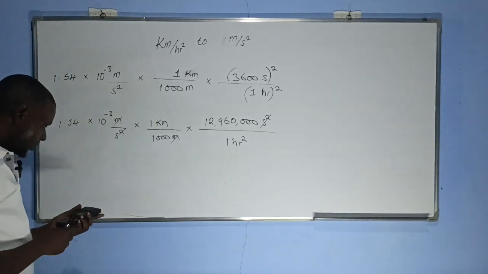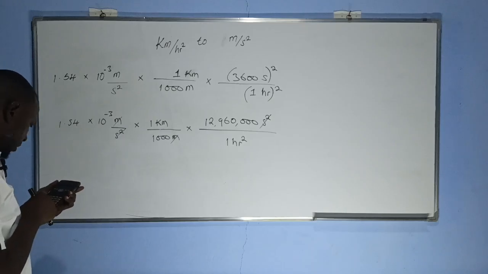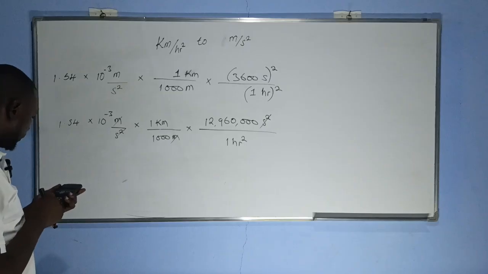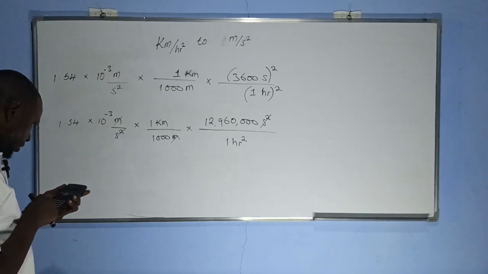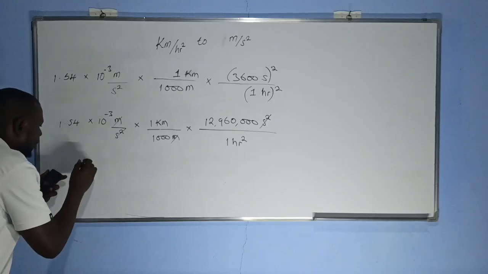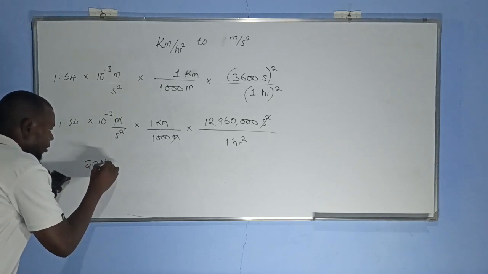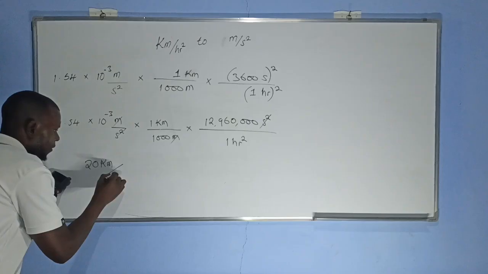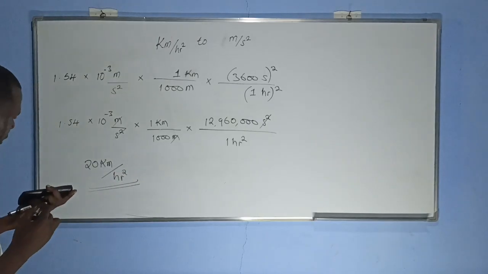When you do mathematics, what we have is that multiplied by 1.54 times 10 to the minus 3, then this must be divided by 1,000, and this gives me back my answer, which is 20 kilometers per square hour.